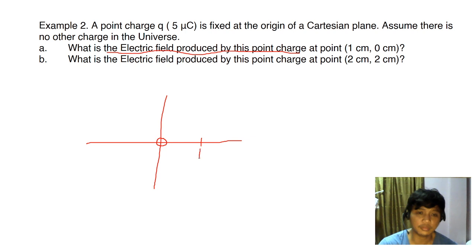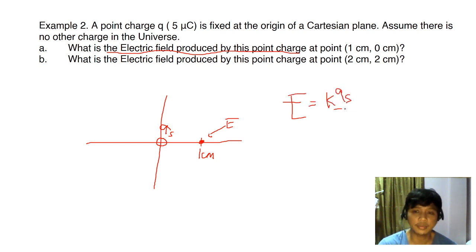So let's call this 1 centimeter, 0 centimeter. At this point in space, here is our source charge, and it's producing electric field at this point. So we calculate how much the electric field is that this source charge produces at this point. We use this formula, K Q_S over r squared.